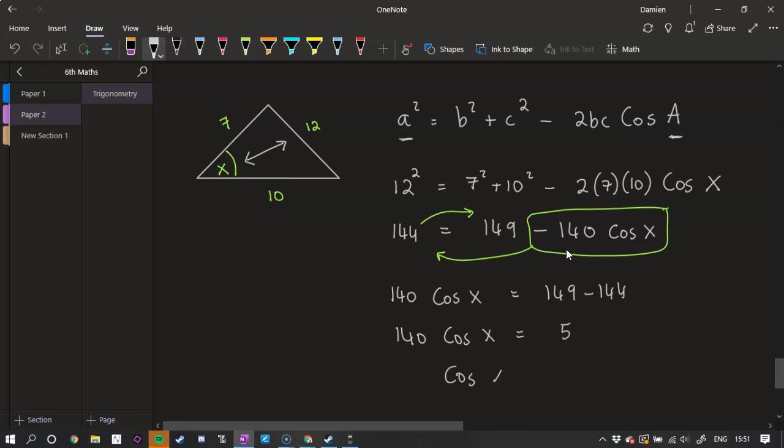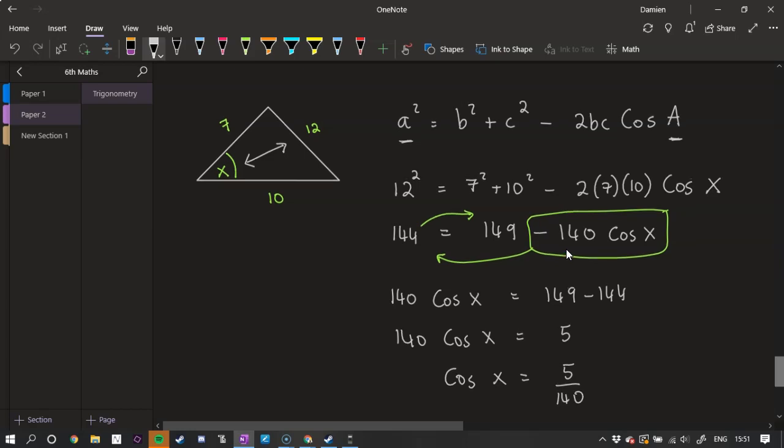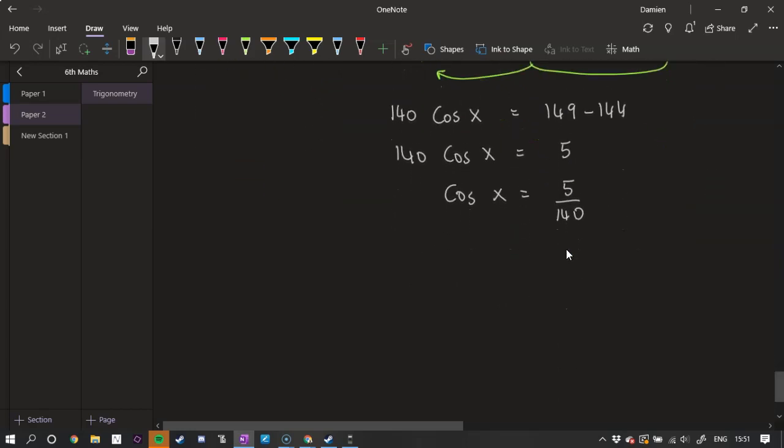So cos x is going to be equal to 5 divided by 140, which is 1 over 28. So x is going to be the inverse cos of 1 over 28. And again, that can be tapped into the calculator as a decimal. So you end up with x is equal to 88 degrees.